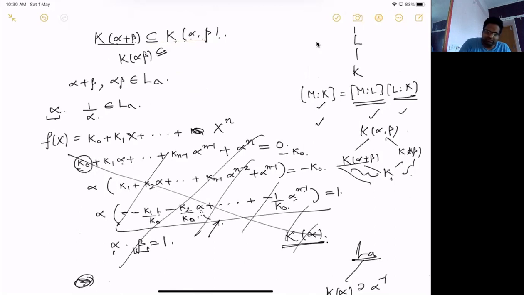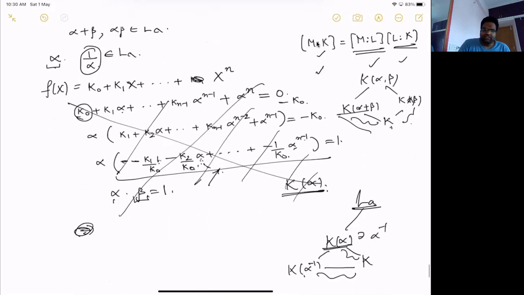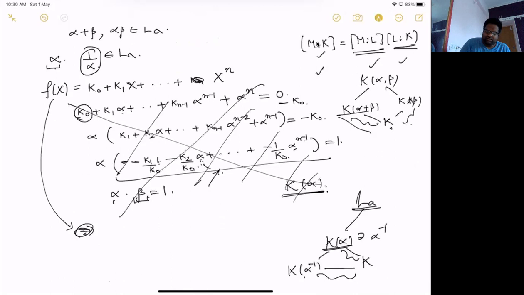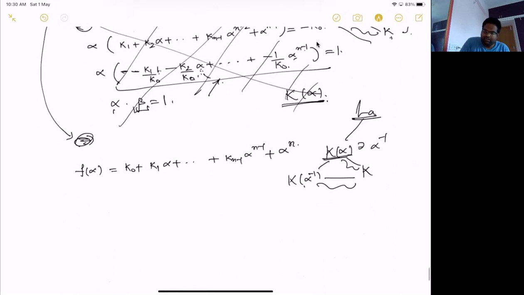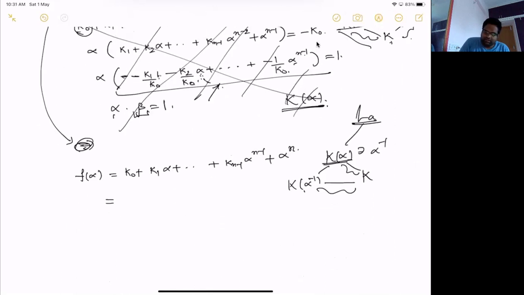All you need to show is that 1 over alpha satisfies some polynomial, or you can easily see from this. So if you see f of alpha is equal to k_0 plus k_1 alpha plus ... plus k_{n-1} alpha to the power of n minus 1 plus alpha to the power of n. If you take alpha to the power of n common, we will have alpha to the power of n times (k_0 1 over alpha to the power of n, k_1 1 over alpha to the power of n minus 1, and so on, plus k_{n-1} 1 over alpha plus 1).